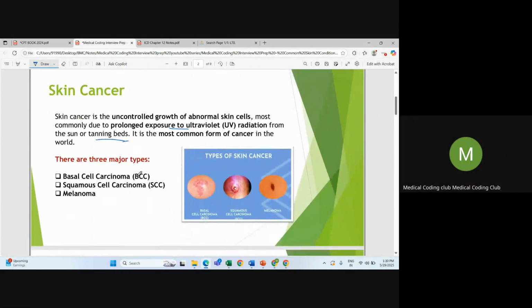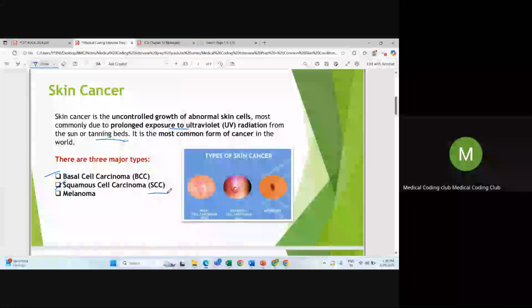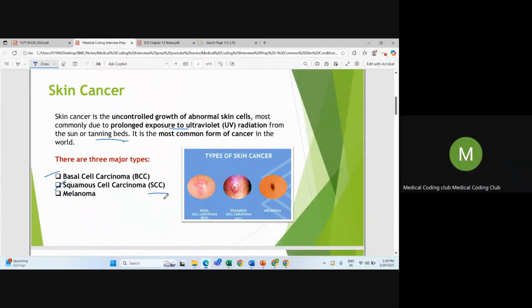And there are three major types under skin cancer. The first one is basal cell carcinoma, which is also called BCC. The second one is squamous cell carcinoma, which is simply called SCC. And lastly, melanoma. All these three types of skin cancer are very important. In our ICD classification, we do have separate cancer ICD codes.